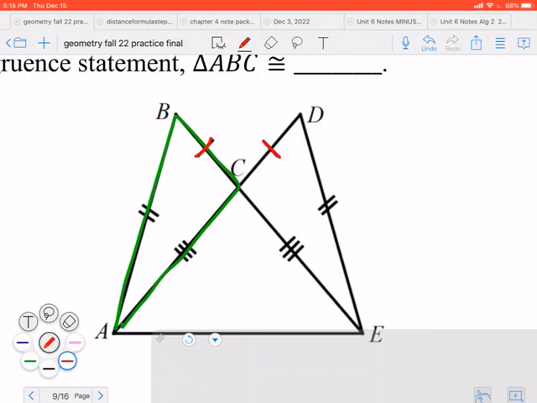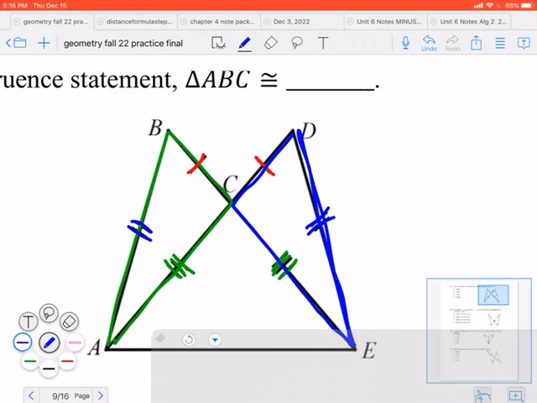One slash, so BC is congruent to DC, and then 2 slashes here, so those guys are congruent, and then 3 and 3, so those guys are congruent. So highlighting the congruent triangle over here would be that guy.